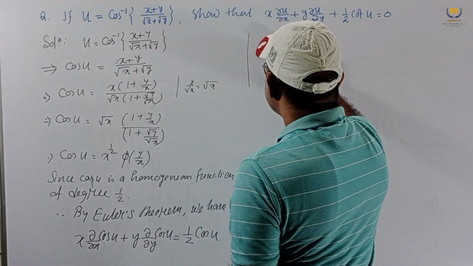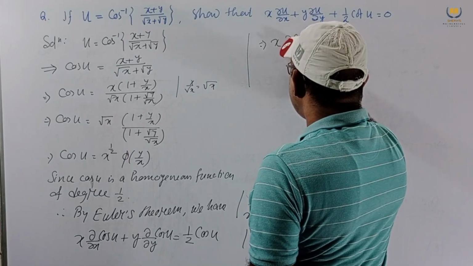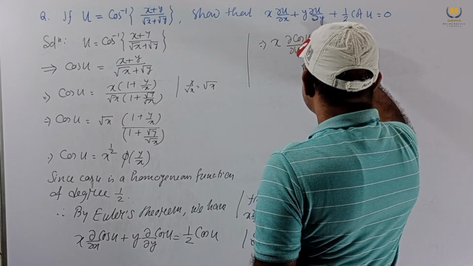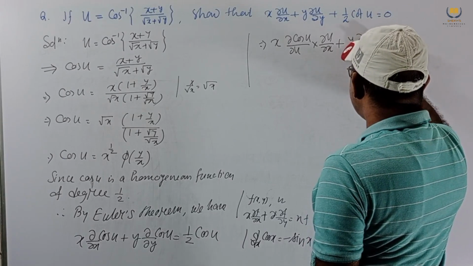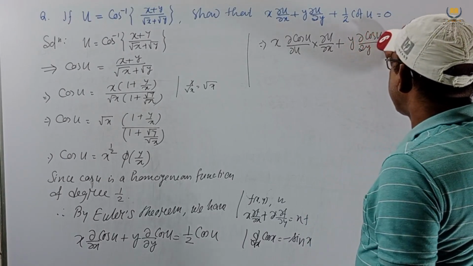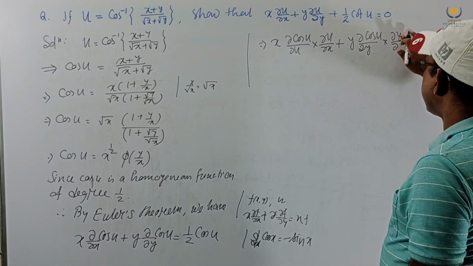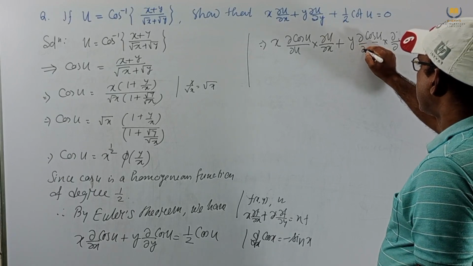So this implies x ∂(cos u)/∂x plus y ∂(cos u)/∂y equals half cos u.